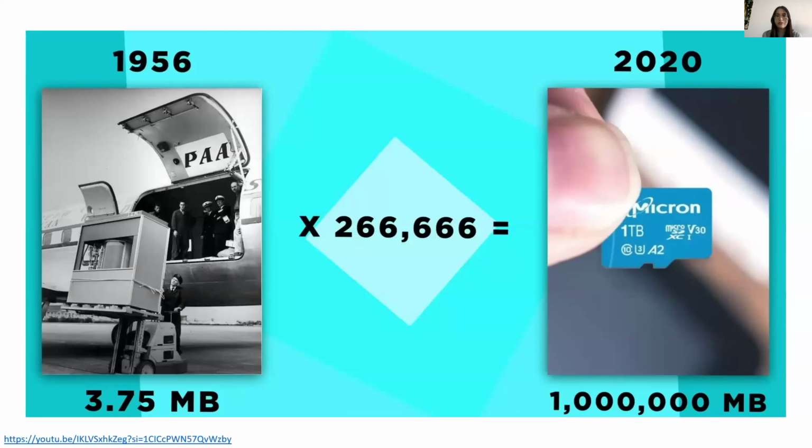Another illustrative case lies in the technological milestone of 1956, when IBM debuted the world's first hard disk drive with a total capacity of 3.75 megabytes. Presently, we witness the existence of micro USBs that can hold a whole terabyte.